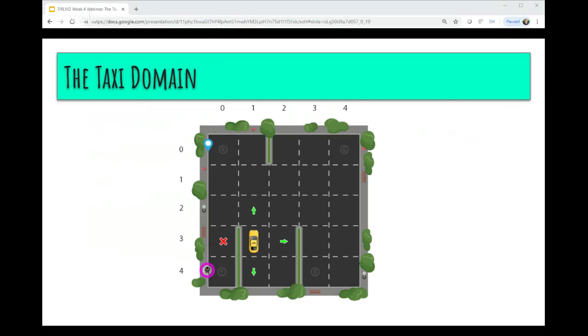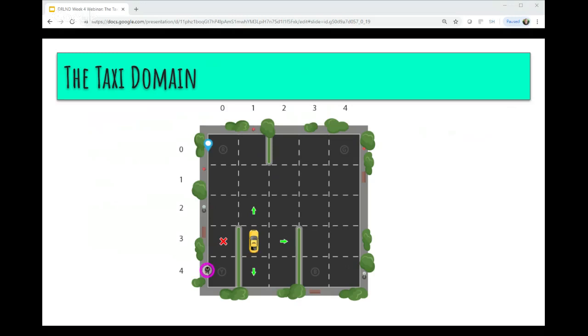So in addition to just the 25 squares, there's four of these squares that are unique and identified as R in the upper left corner, G upper right corner, B down here near the bottom, and lower left corner is Y. So those four locations are places where passengers could either be picked up or dropped off.